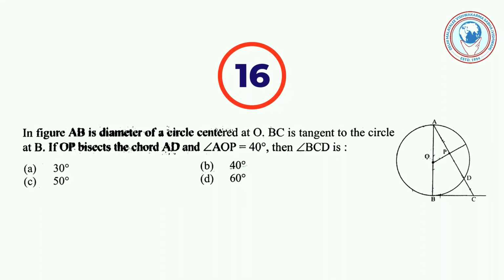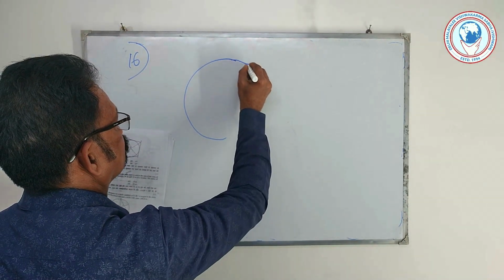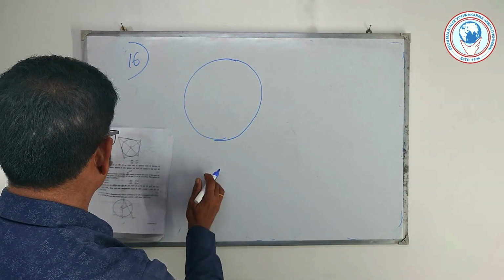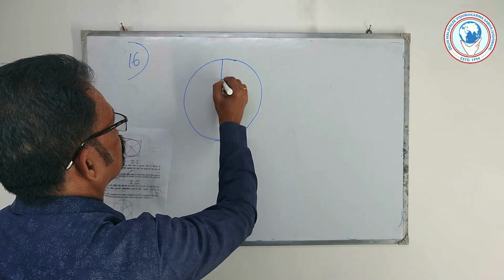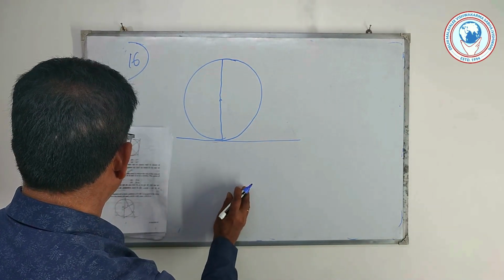Question number 16. In the figure, AB is diameter of a circle centered at O. BC is tangent to a circle at B. If OP bisects the chord AD and angle AOP is equal to 40 degrees, then angle BCD. A tangent.